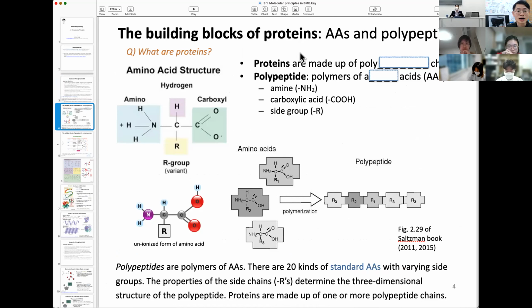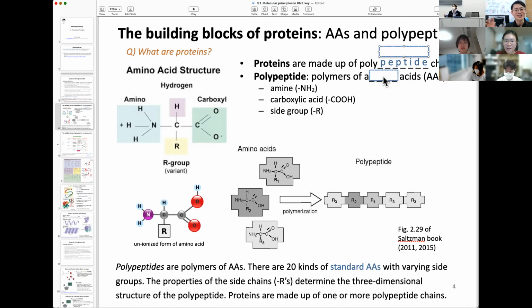So let's see, Anho, proteins are made up of polypeptide. Okay, great. Yes, polypeptide chains. I think everyone probably knows. And second, Feng, what is a polypeptide? Polypeptide is polymers of, we can't hear you.